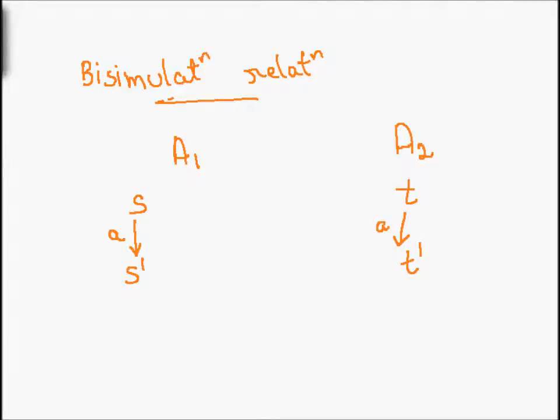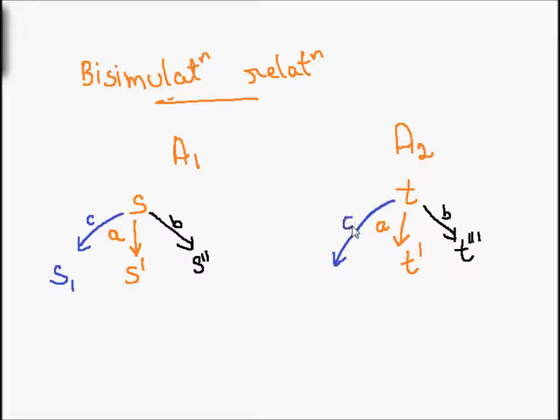That is, if there is S to S double dash with some other action B, then from T I should also have a B transition to some other state. It may be like T triple dash. If from some state like S1 I have a C, then there should be a transition with action C to some other state like T1.